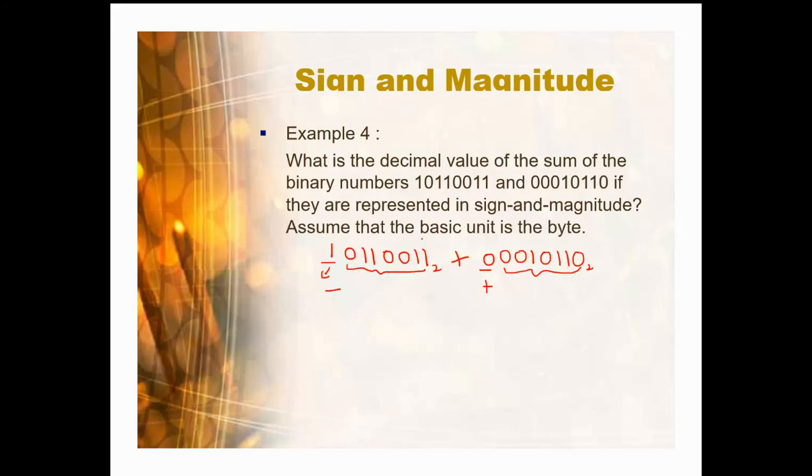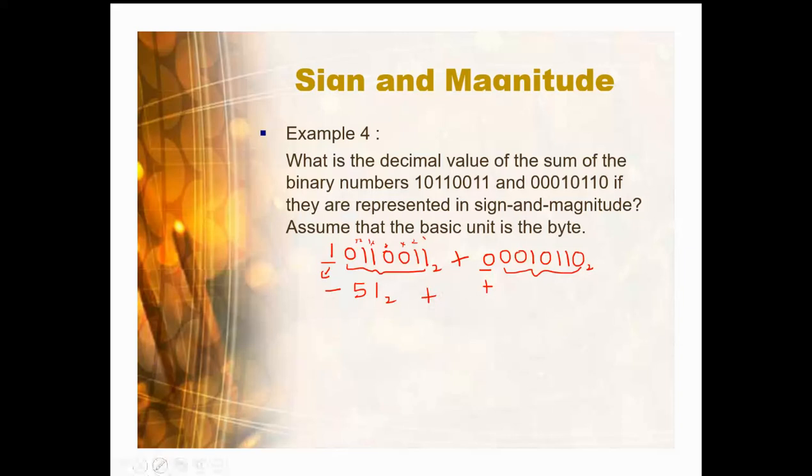So contoh sini 1 2 4 8 16 32. So 32 campur 16 48. So 48 campur 2 50 51. Dia adalah negatif 51. Okay, plus. Okay, this is a positive values. Okay, ni dalam decimal kita talk about in decimal form.